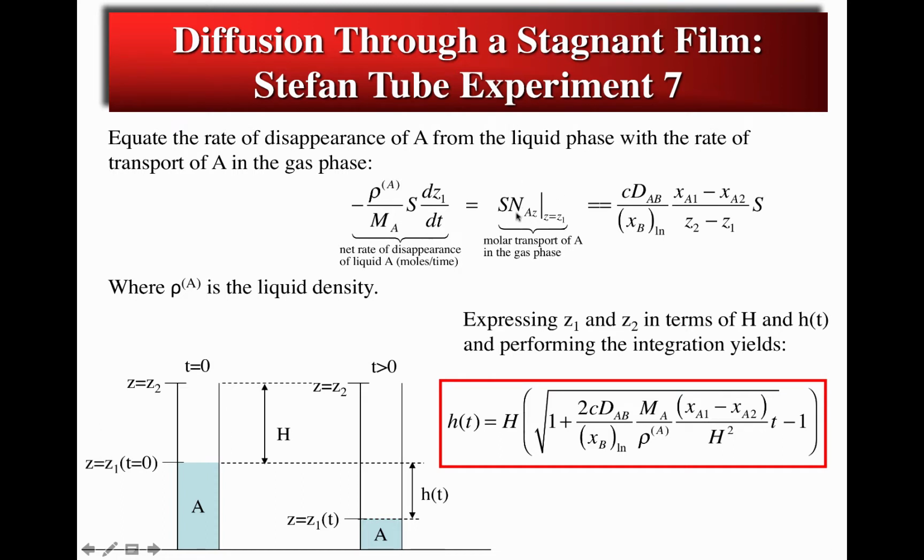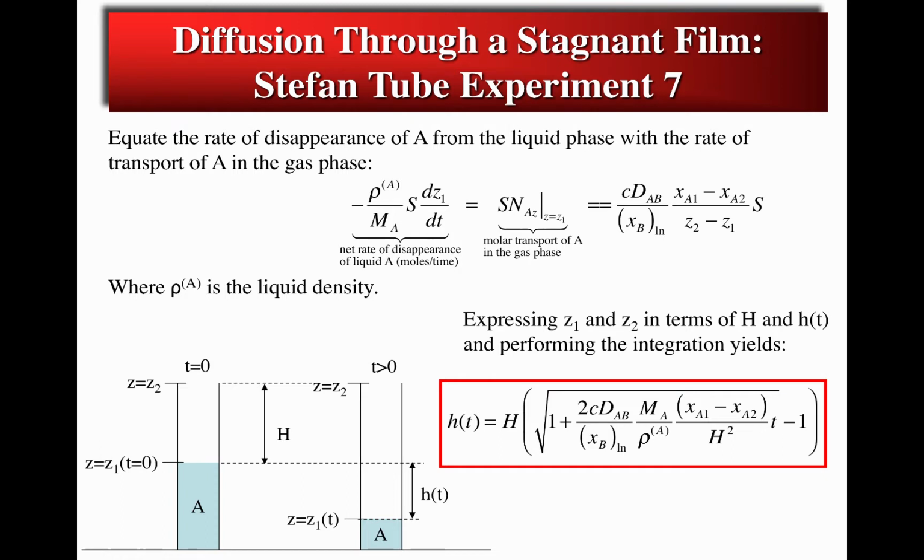And we've just written an expression for the flux of A in the gas phase on the previous slide, or we've just derived it. And so we can load that up here, and we now start to connect the change in the height of liquid, change in Z1 with T, with the gas phase concentration profile and the rate of mass transport in the gas phase.